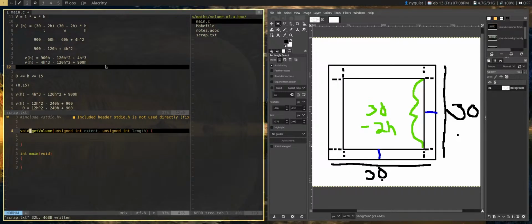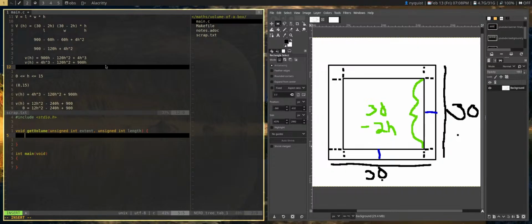So we already know that's kind of our formula. But the problem is that we have variables that can change. So how are we going to programmatically solve for this? That is the question. I'm going to start writing this out.